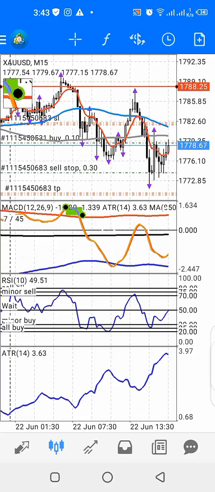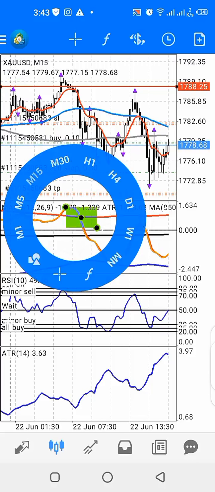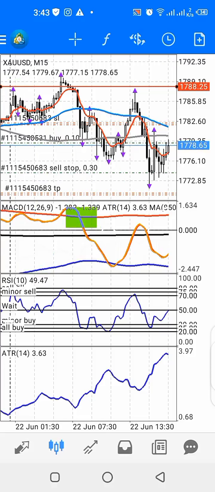That means you have a sell signal. This is a sell signal I've just highlighted here, when it drops below the upper envelope band. When it goes above the lower band, that's a buy signal.